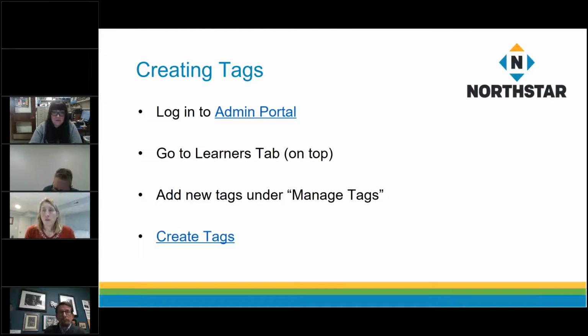When you run reports, some reports are specific to individuals and how they're doing, but there are also overview reports that show what's happening at your library. They're great because they'll take every person at your library who's taken an assessment or done the self-directed online learning and give you that data. But sometimes you might want to segment that data and just look at a subpopulation. That's where the tagging comes in.